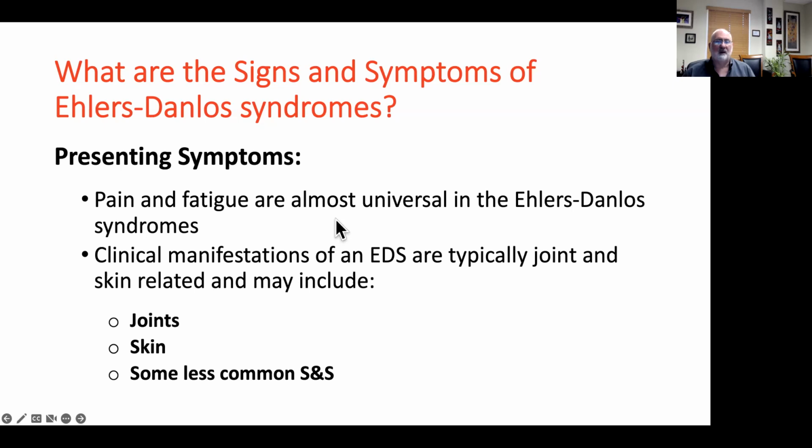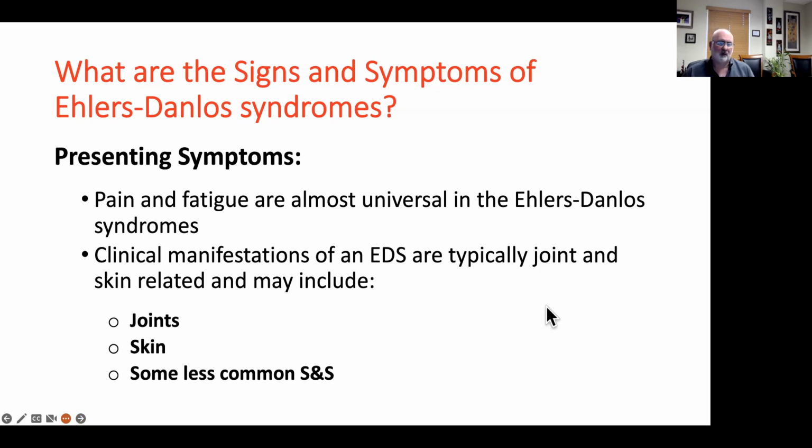I'm going to go into my process of trying to figure out what the main issues are when people come in and have EDS. A lot of times I see people with autonomic dysfunction who don't even know they have EDS.